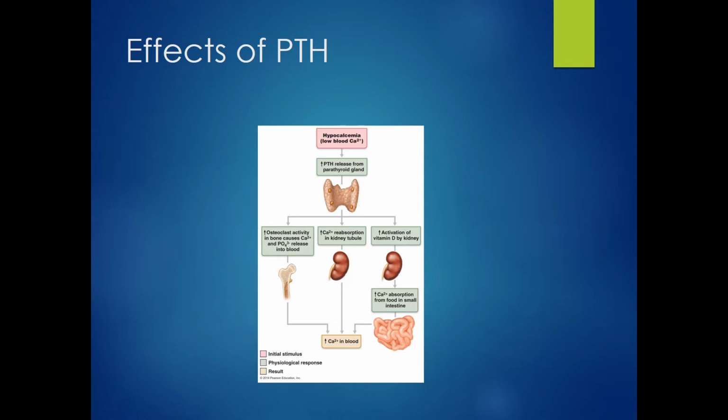Without the 1,25 dihydroxy D3, which is hard to say, the calcium can't be reabsorbed. In its absence, like in rickets, for example, without the vitamin D, the calcium doesn't get reabsorbed. You can have all the calcium in the world, it's not going to be reabsorbed.